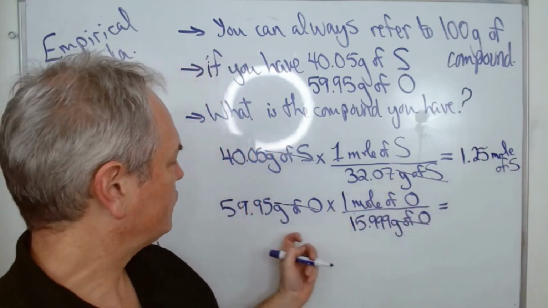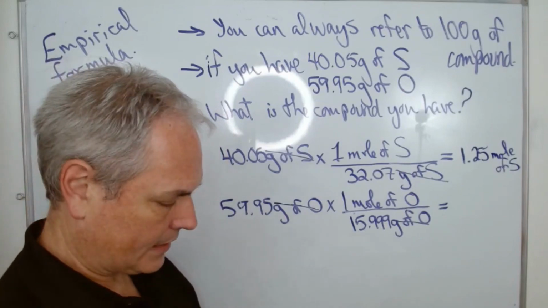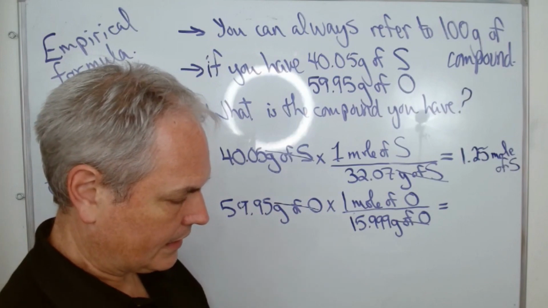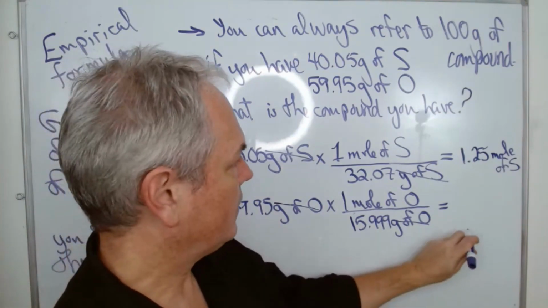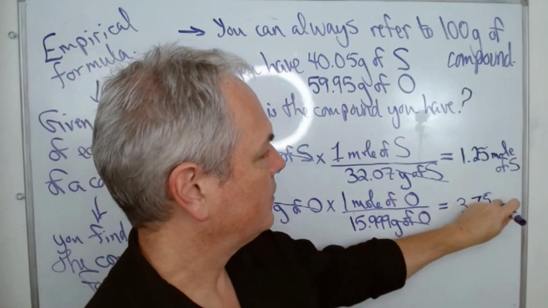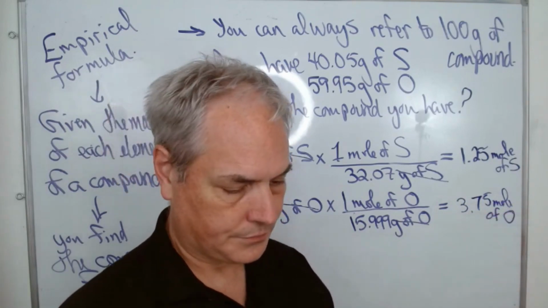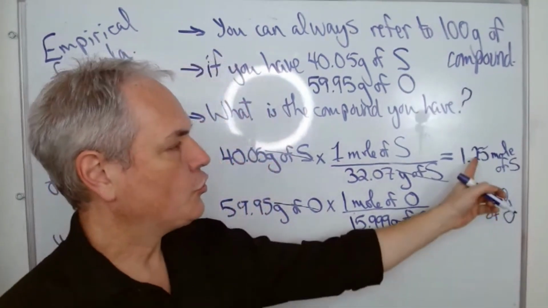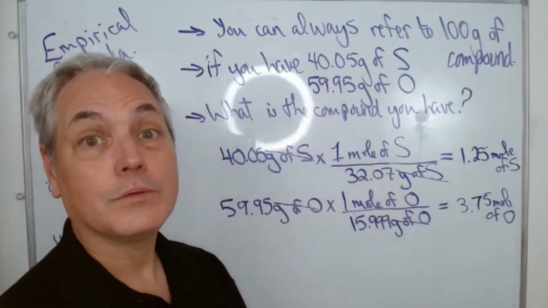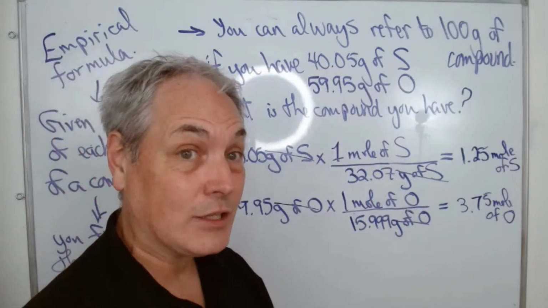The next one, I'm going to take 59.95 divided by 15.999, and that gives me, rounded off, 3.75 mole of oxygen. So here we've got the number of moles of each of these elements, given the percentage we had and also the grams of each of those elements in the compound.